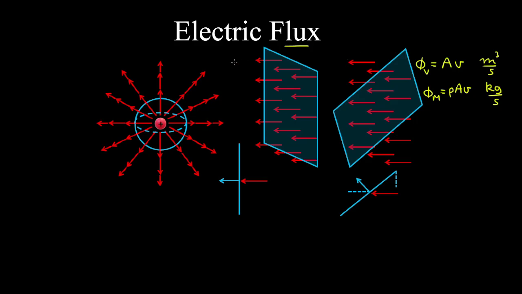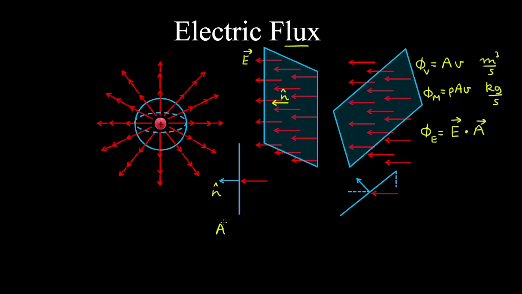Now if we consider these vectors to be electric field vectors, then the electric flux is defined as a dot product between the electric field vector and the area vector. So for example, for this vertical surface, we have the unit vector that's normal to this surface, pointing in this direction.